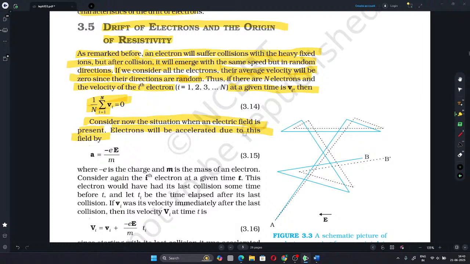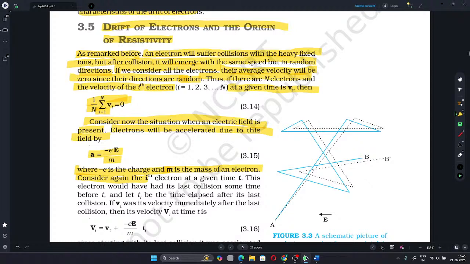Electrons will be accelerated due to this field by a equals minus eE by m, where E is the electric field, minus e is the charge of an electron, and m is the mass of an electron.